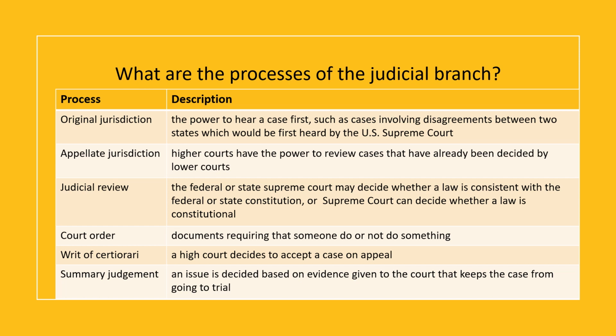Unlike the other two terms that we've reviewed so far, where original jurisdiction and appellate jurisdiction do appear in Article 3 of the U.S. Constitution. So in essence, the U.S. Supreme Court decided, based on its interpretation of the Constitution, that they were entitled to decide whether a law is or is not consistent with the federal or state constitution, or whether a law is constitutional.